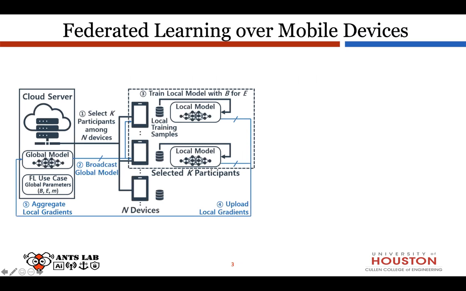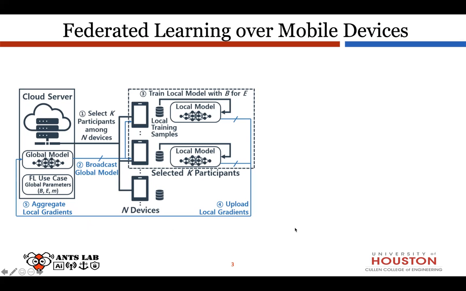As we all know, federated learning is a distributed learning framework which can collaborate lots of mobile devices to train a unified global model. It has some interesting applications like the Google Gboard. It also has the potential to support some health-related or financial-related applications in the future.